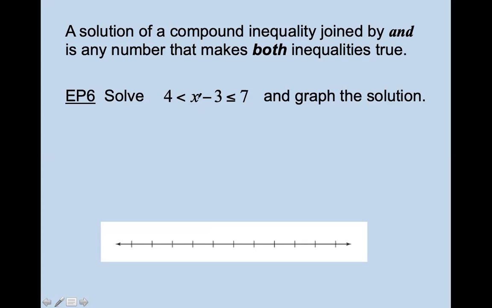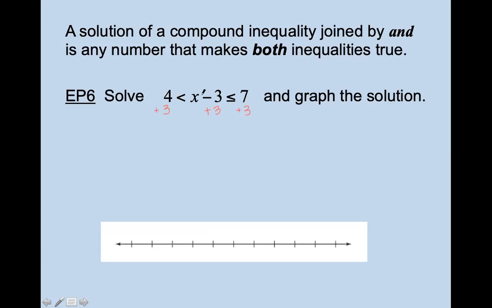Here's your variable that you're trying to get by itself. So that means I need to add 3. Now what you'll do is you will not only add 3 to get the x by itself, you'll add it over here to this part of the inequality, and you'll add it here.